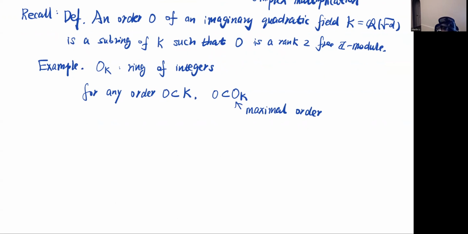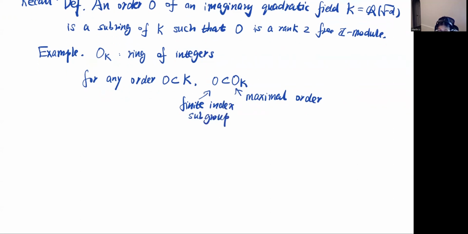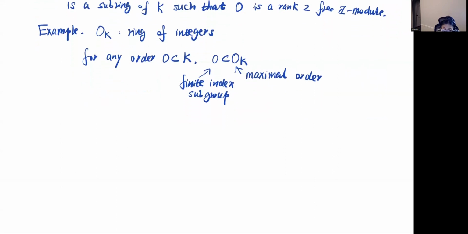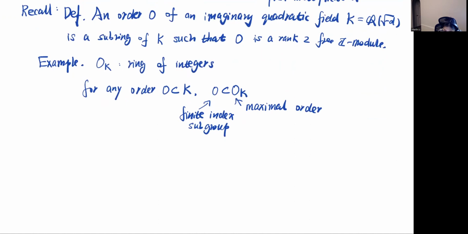And O is always a finite index subgroup of O_K. So the endomorphism ring of an elliptic curve over C is either Z or isomorphic to one of these orders.